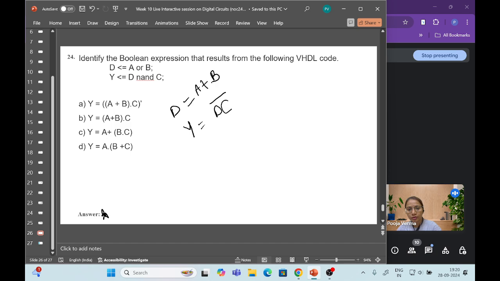Now D is equal to A plus B, so we put it here: A plus B into C dash, or we can write it as A plus B into C whole dash. So option A is the correct answer for this question. For the given VHDL code, this is the logic expression, so option A is correct.